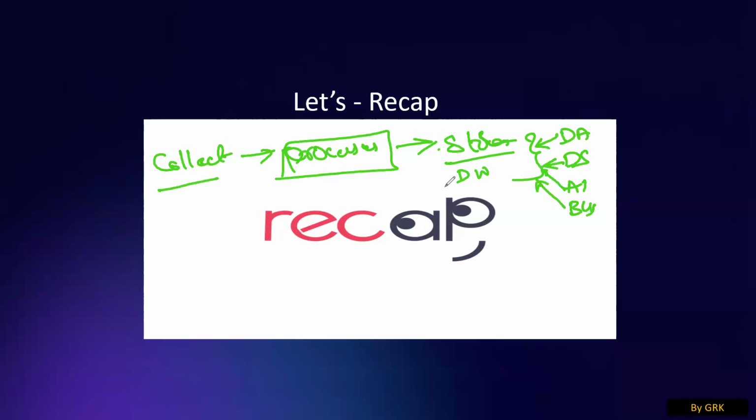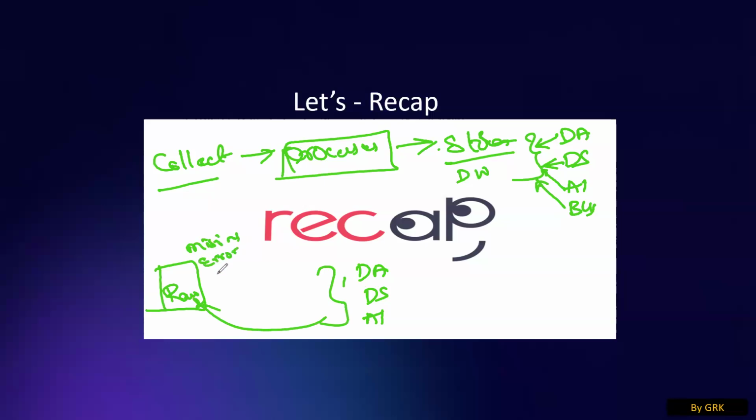So why is this important? Let's say we have the raw data, and data scientists, data analysts, and AI models are consuming this raw data. Raw data will have so much missing data, errors, even unstructured data.